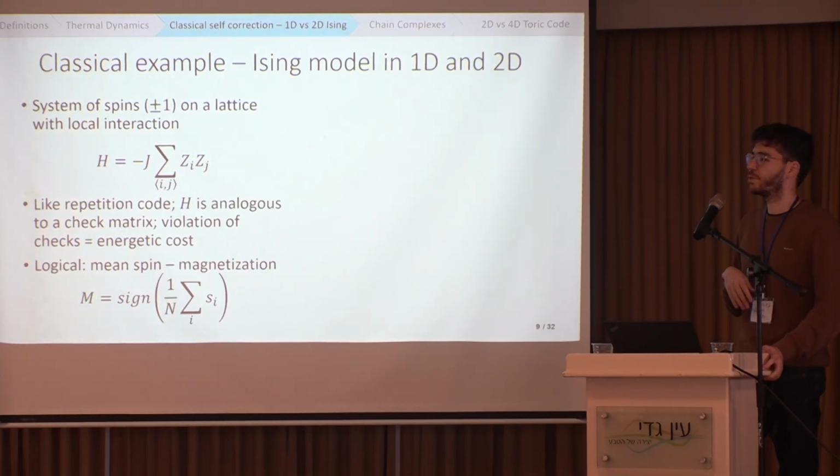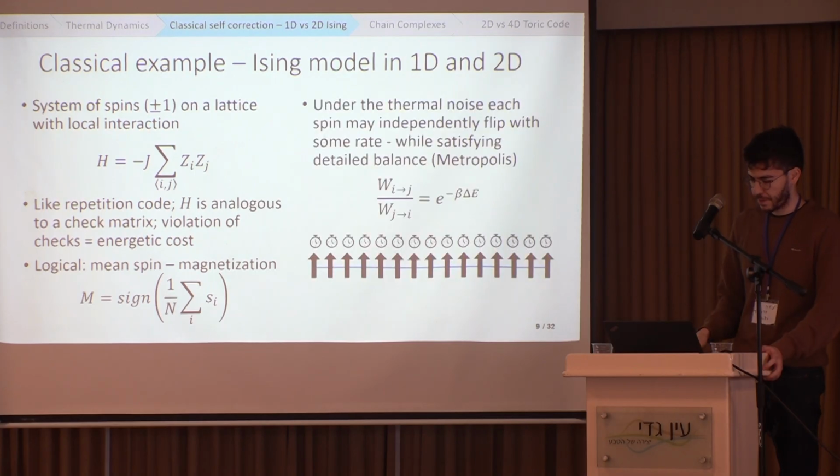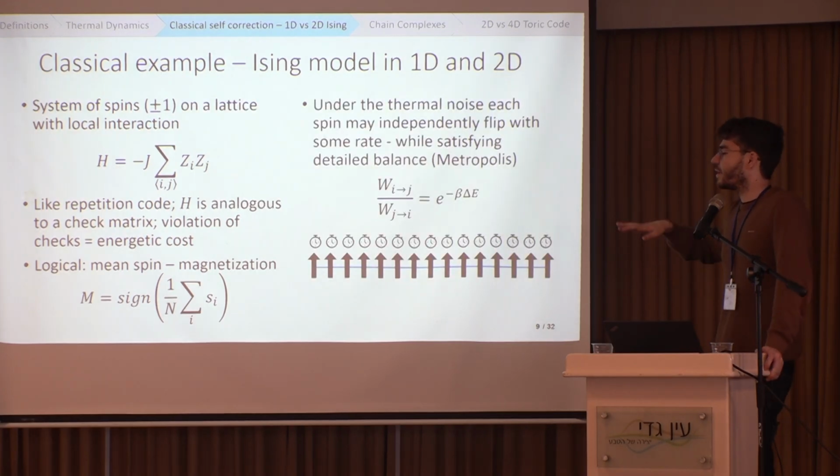Our logical would be the majority, or the mean spin, which we call magnetization in physics. And under this thermal noise that we presented, each spin may independently flip with some rate.